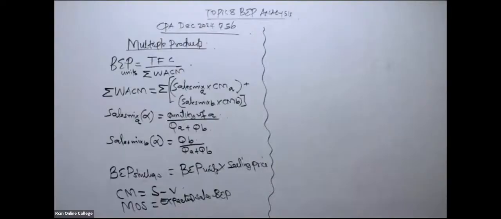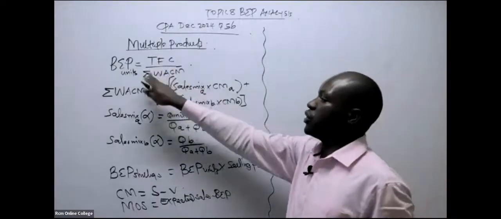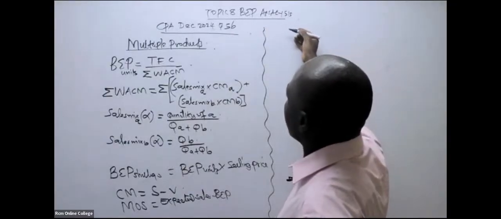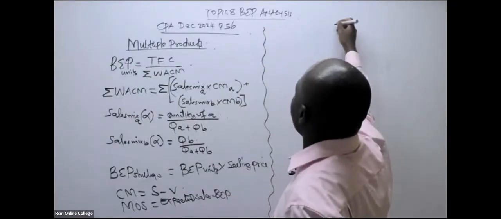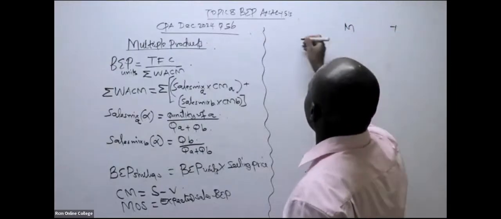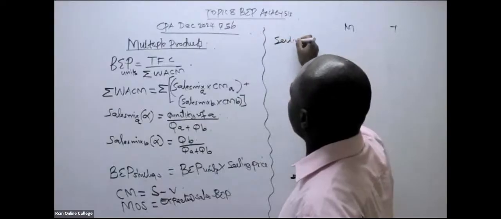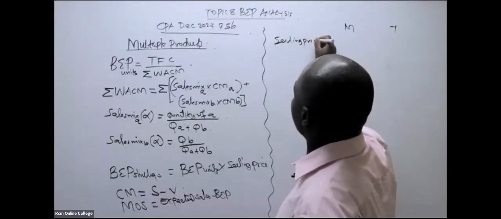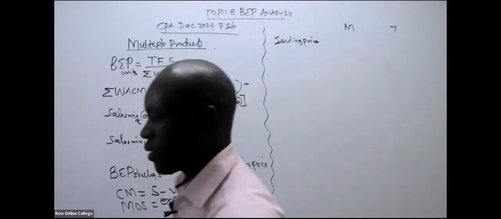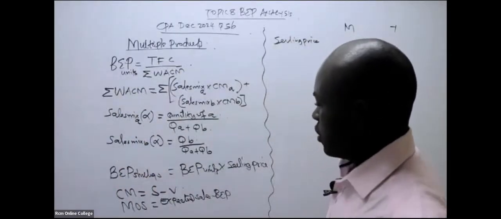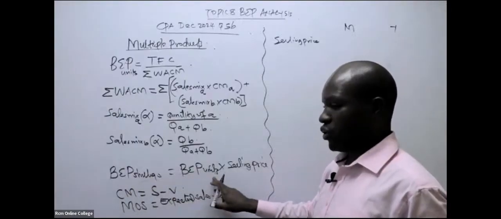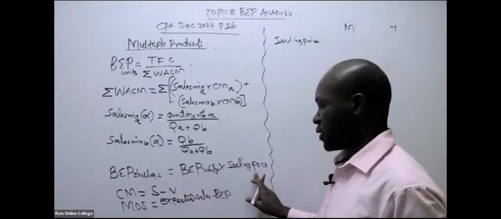So let's now collect these items in our formula. We have product M, we have product Y. Let's start with the selling price. Break-even point in shillings is equal to break-even point in units multiplied by selling price.